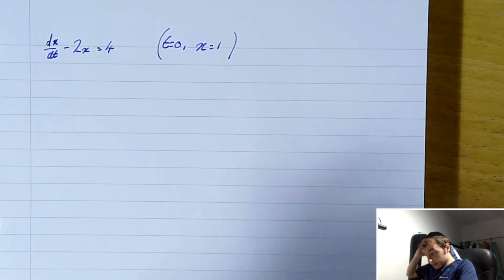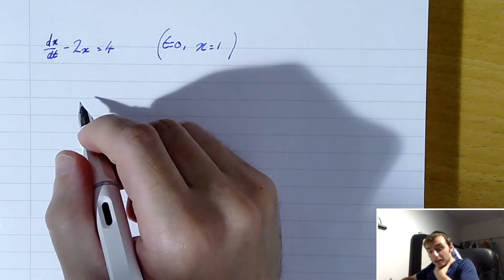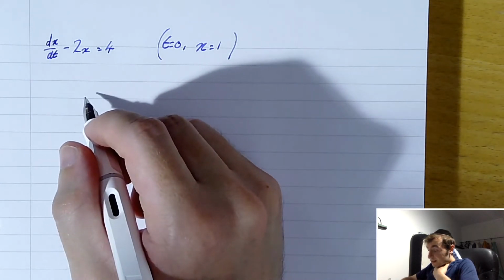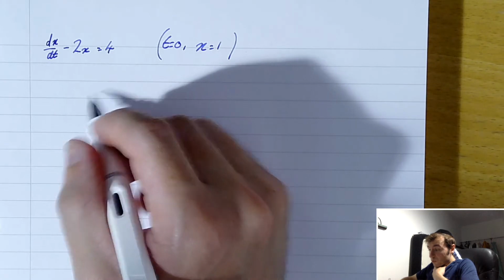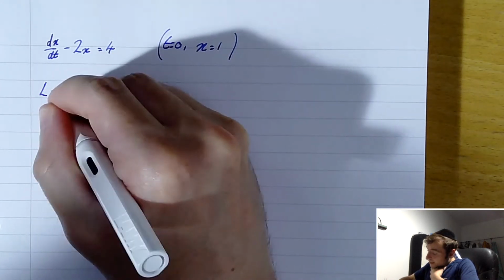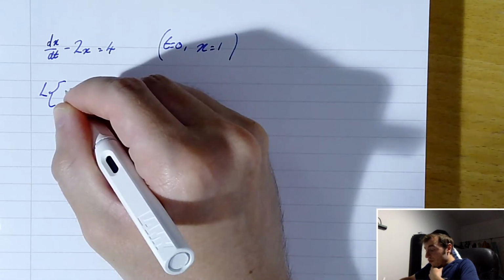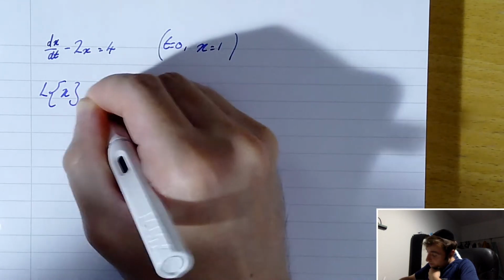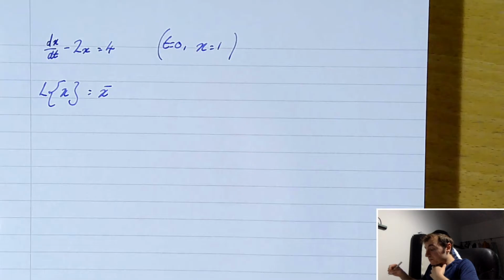So the first thing when doing this in the Laplace way is just to remind ourselves what the linear system looks like. So we know that the Laplace transform of x equals x bar.